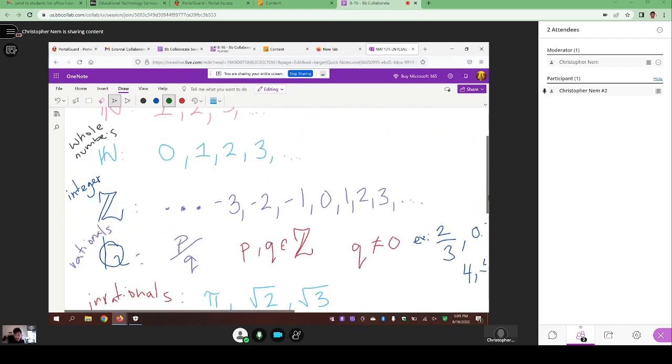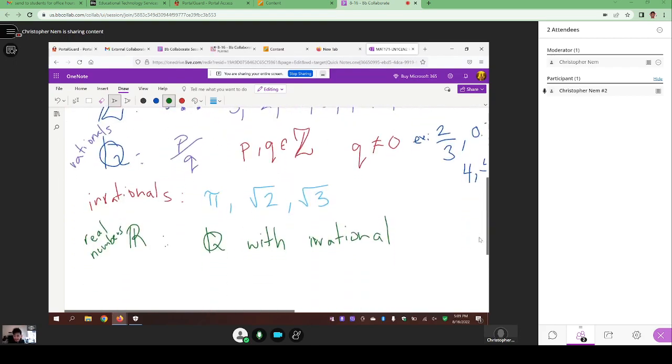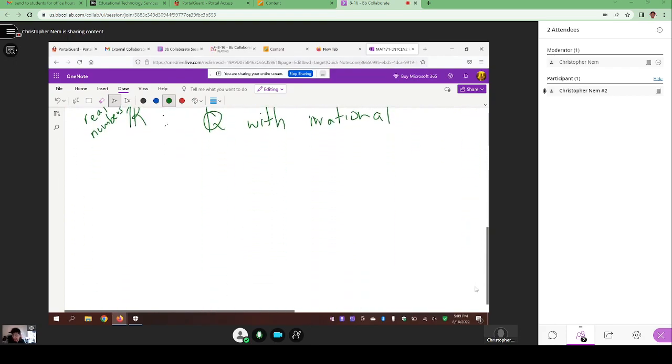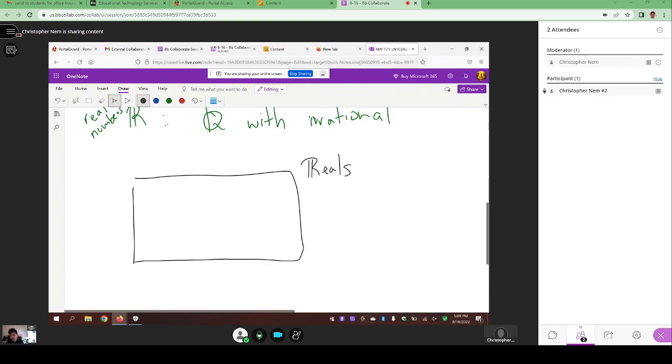So once we have all this, let's draw a visual diagram to see how it looks. It's a good idea to try to understand this umbrella that we have. If I draw a giant box that represents the universe, we're going to have real numbers here. The box itself is all the real numbers.